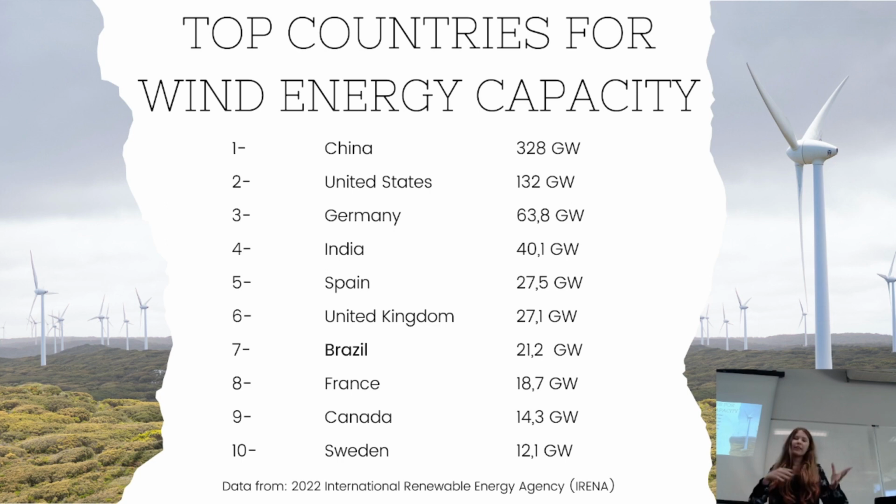It used to be 11th, but now it's the 10th. However, Sweden may be 10th for capacity, but it's first in innovations and new resources when it comes to wind energy. Sweden has plenty of companies and plenty of initiatives to continue wind energy and to expand it to the rest of the world.